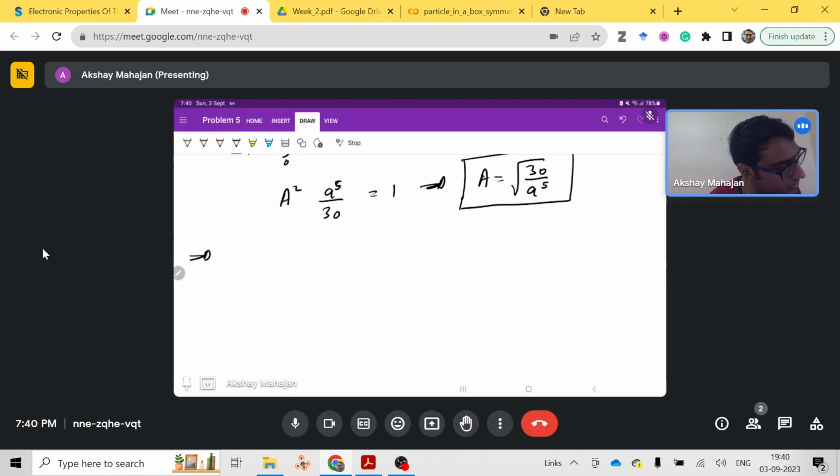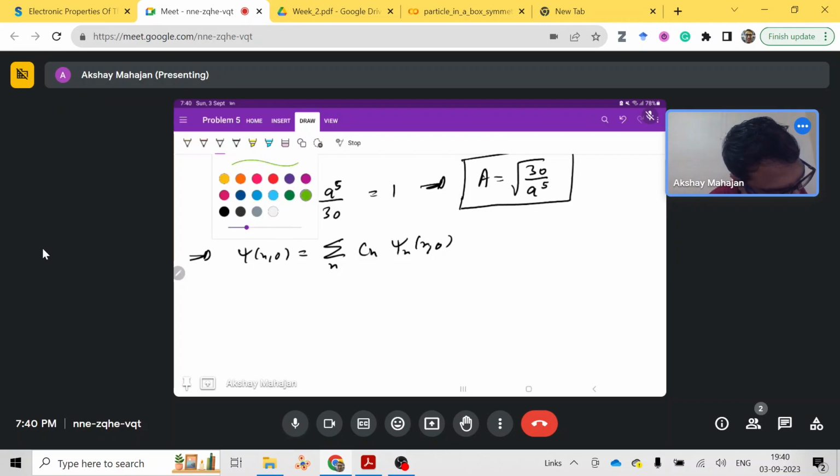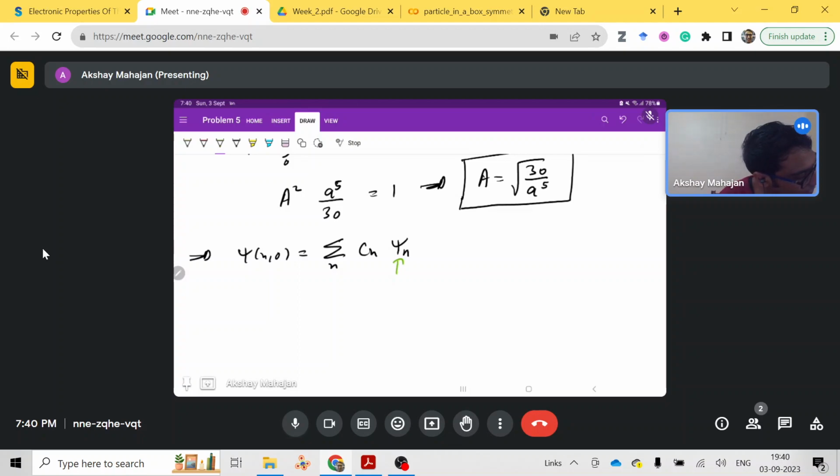So what we will do is write this psi x comma 0 as the summation over n of cn psi n of x, where these psi n's are the eigenvectors for the particle in a box problem.